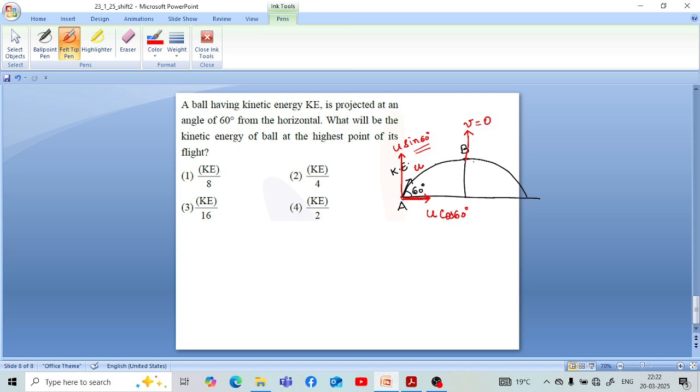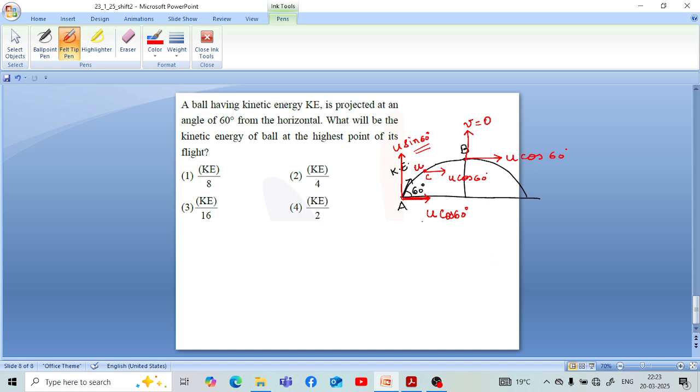But the important thing is that for any projectile, the horizontal component of the velocity remains the same. For example, at some intermediate point C, the horizontal component is also u cos theta, or u cos 60 in this case. And at the top point also, the horizontal component of velocity is u cos 60 degrees.